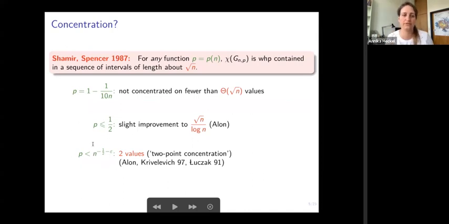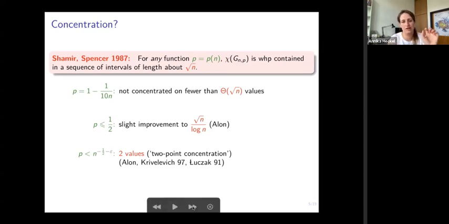In particular, if p is less than n to the minus 1/2 minus epsilon, you can reduce the interval length to only 2 values. This is as sharp as this kind of result can get. This was proved by Alon and Krivelevich in '97. They showed that if p tends to 0 more quickly than n to the minus 1/2, then the chromatic number does behave like a deterministic function more or less.